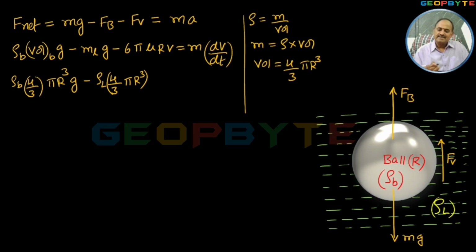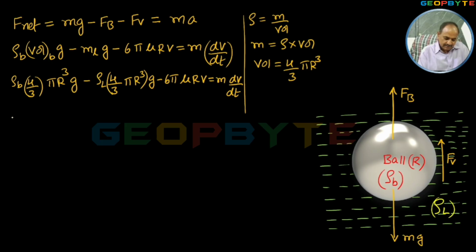The volume of the liquid displaced is nothing but the volume of the ball only, multiplied by g, minus 6 pi mu r v, where mu is the coefficient of viscosity, equals m into dv by dt.